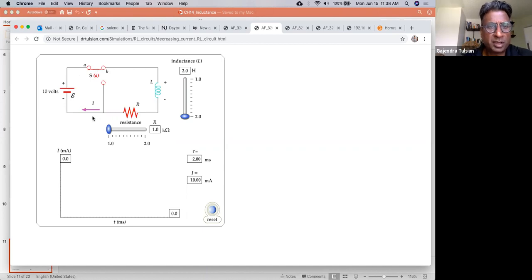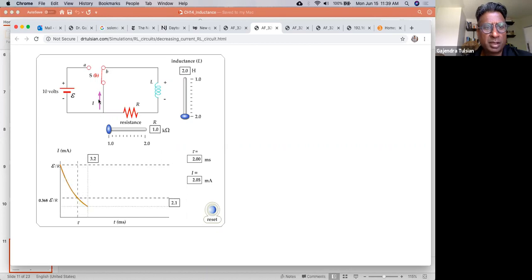This is a steady state current, and in the steady state, there's no induced EMF. So this is sort of the simulation. Now what we'll do is we'll remove the battery. So there is a battery. We remove the battery.